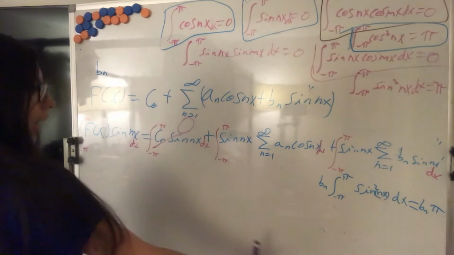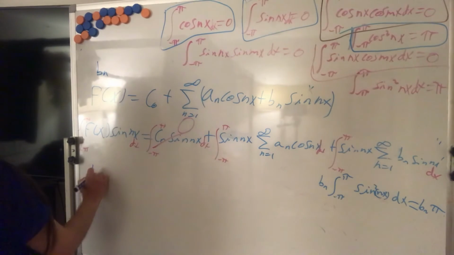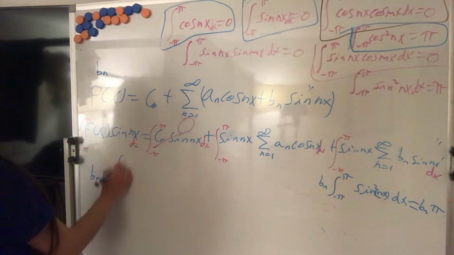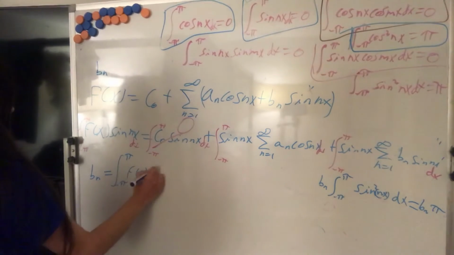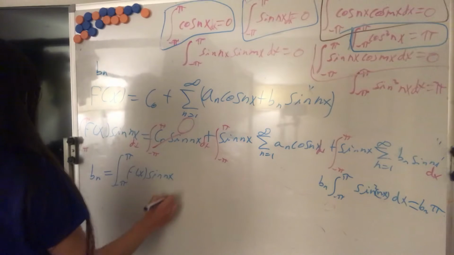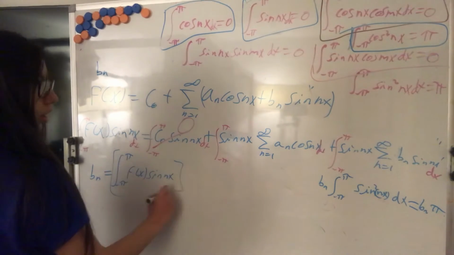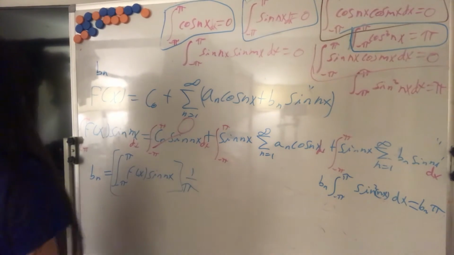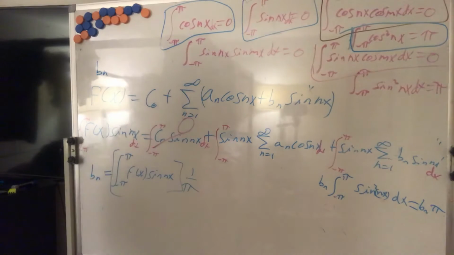So actually I have that b sub n would be equal to 1 over pi times the definite integral from minus pi to pi of f of x sine nx dx. And these are the b sub n coefficients.